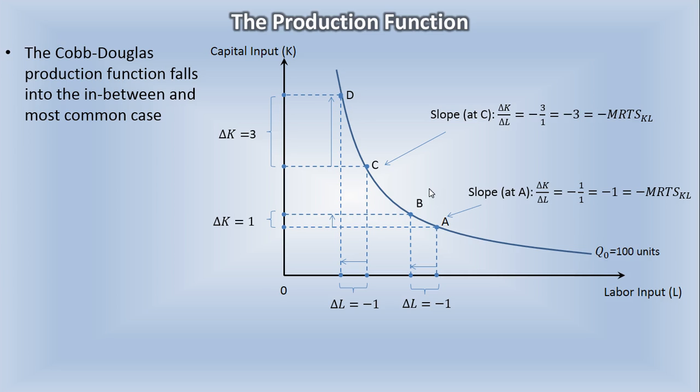So along the isoquant, moving from left to right, we have diminishing marginal rate of substitution. We go from 3 to 1, and then it gets even smaller and smaller as we move to the right. The reason for that is just the assumption of experience and know-how and adaptability of the inputs.